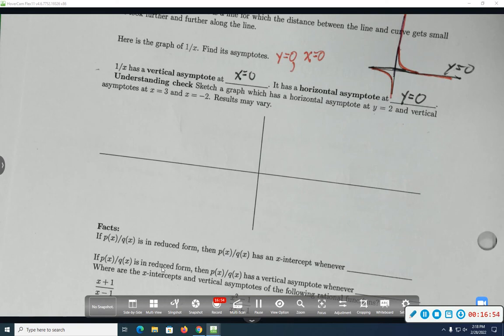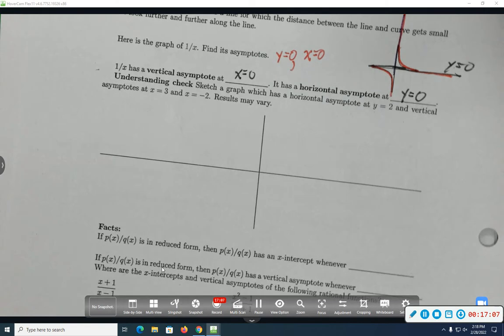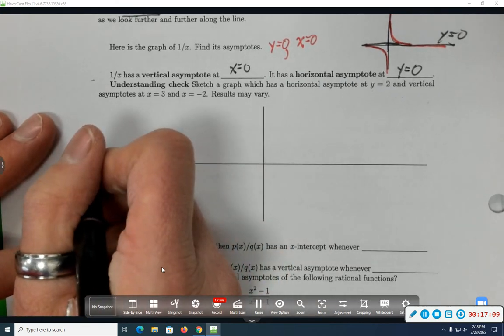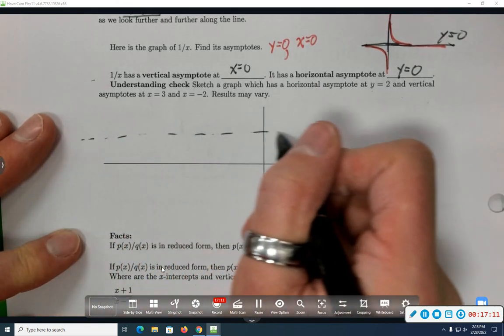Cool. So here's what I'm going to have us do. There's a particular reason that I'm going through this example, because there's a particular behavior I want to illustrate. But here's an exercise to do. Let's sketch the graph of a function which has a horizontal asymptote at y equals 2. So I'll draw a line at y equals 2.